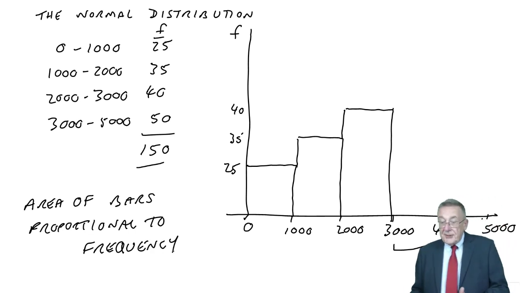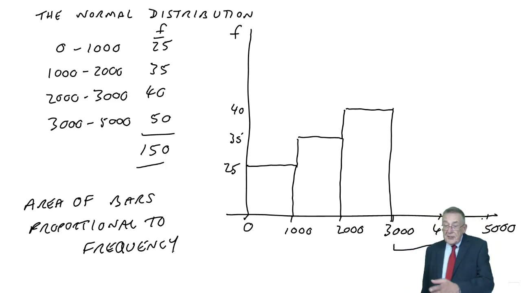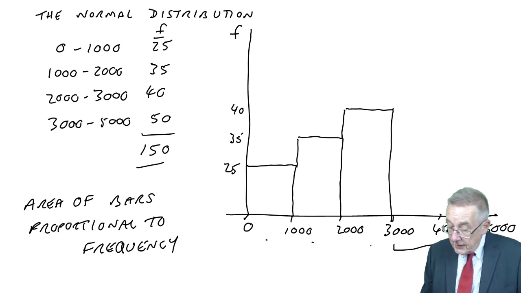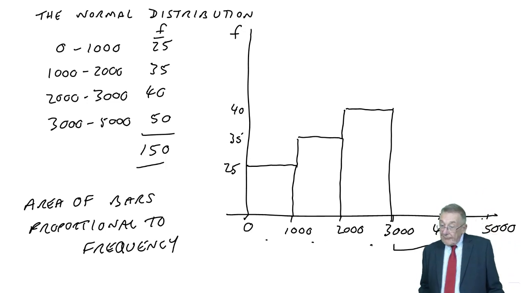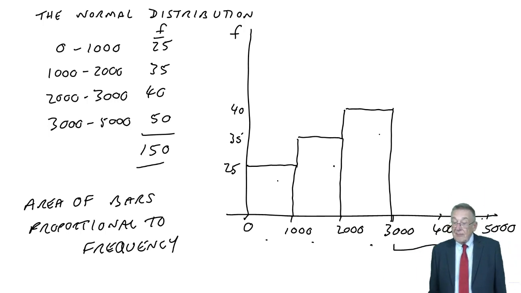Now the area is the height times the width. And so there we are, the first three, they were all 1,000. And so the more people, the higher the bar, no problem.